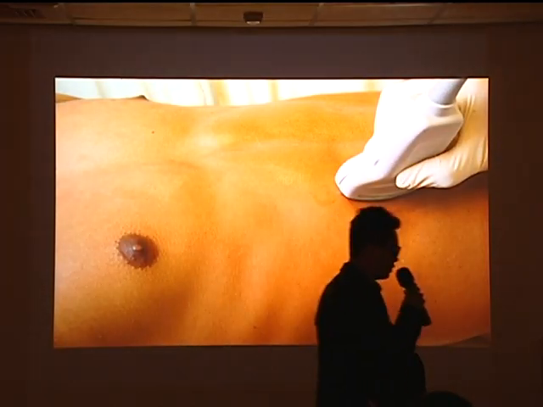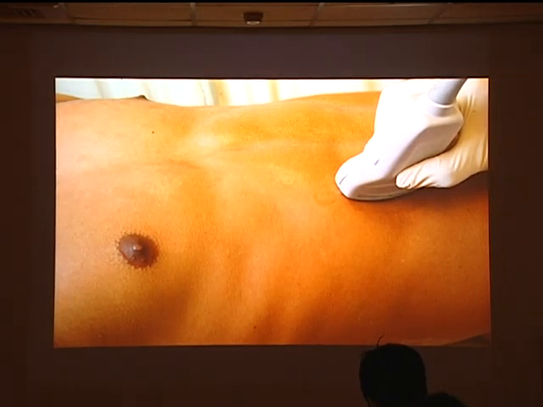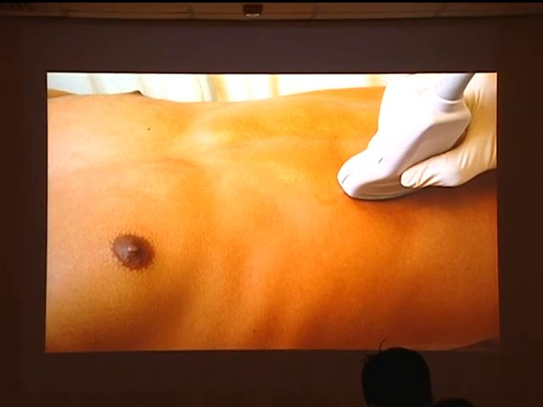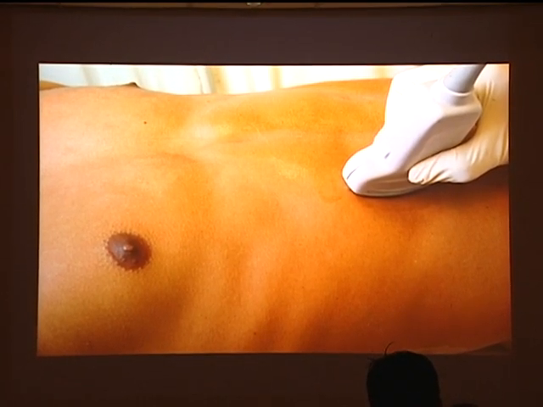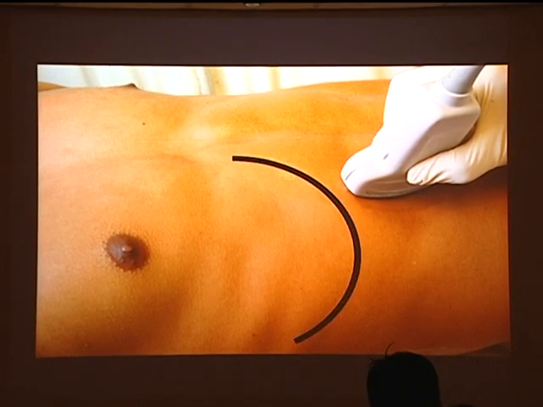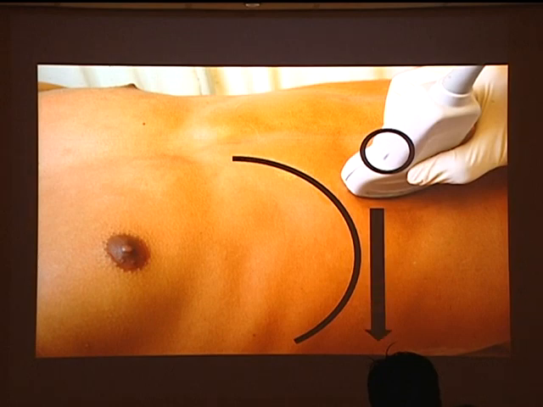Okay, so to image the gallbladder, we know the gallbladder is on the right side of the abdomen. So you just place your transducer below the costal margin of the right side abdomen, with the transducer marker pointing to your head, and just slide the transducer along the costal margin until you find it.